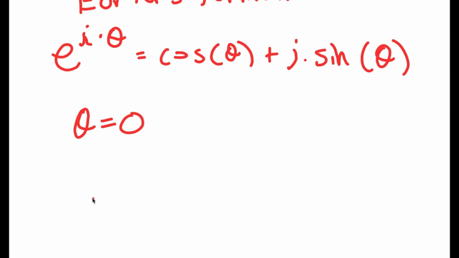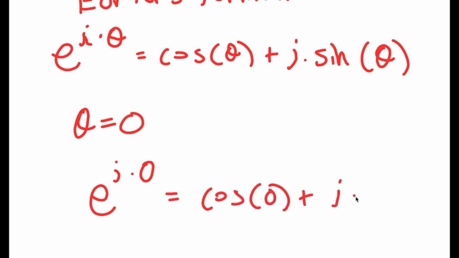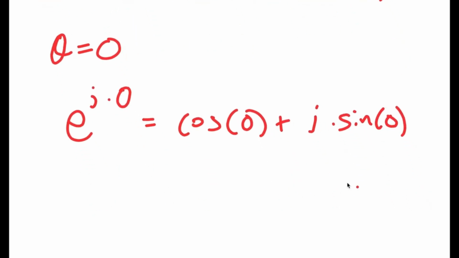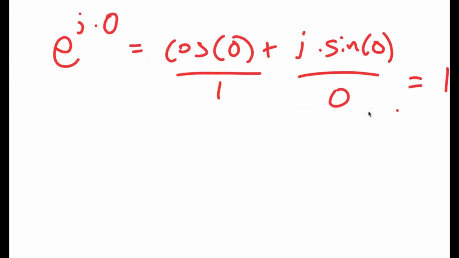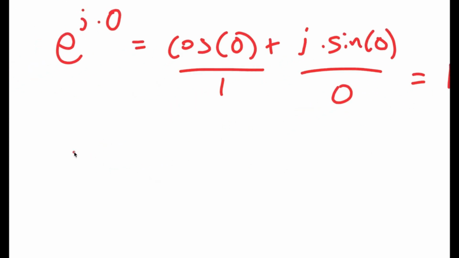So now I get e to the power of i times 0 is equal to cosine of 0 plus i times sine of 0. Cosine of 0 is 1 and sine of 0 is 0. So I get this all is equal to 1. Now, what if we say theta is equal to 2k pi?